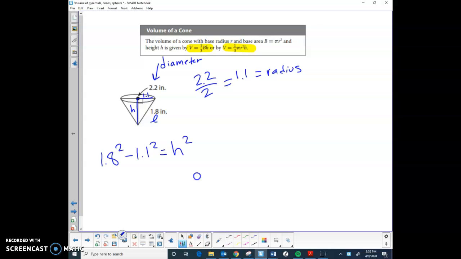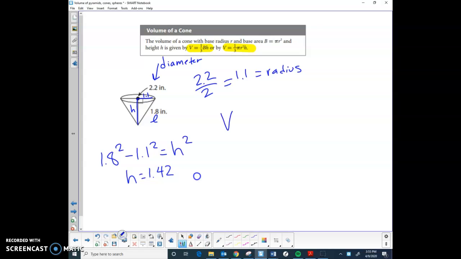So you take the 1.8 squared minus 1.1 squared, take the square root of that to get our height, which is 1.42.